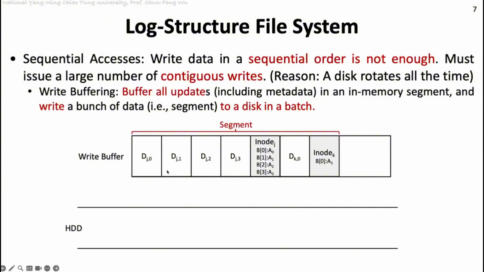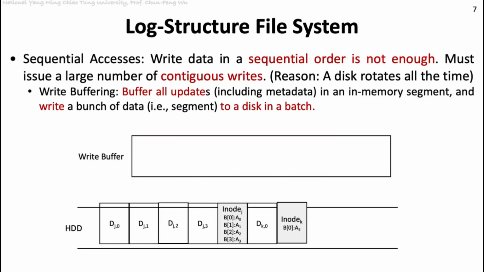So it is hard to know if DJ1 can be placed near DJ0. But if we group them together and write them in a batch at the same time, we force this information to be written to the hard disk drive sequentially. This is the slight difference between sequential write and contiguous write.